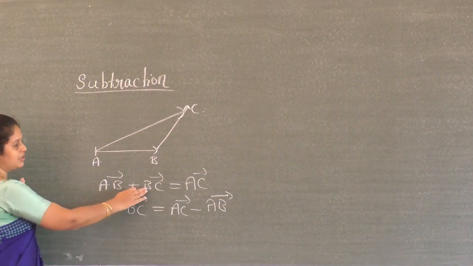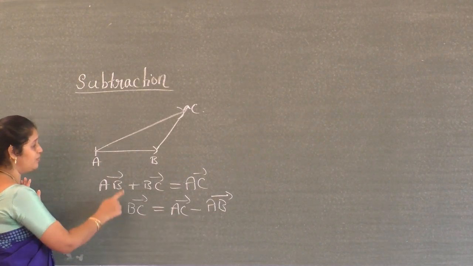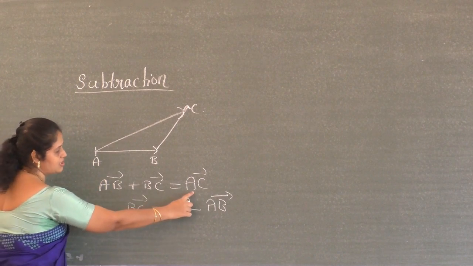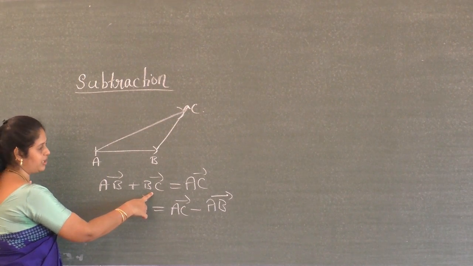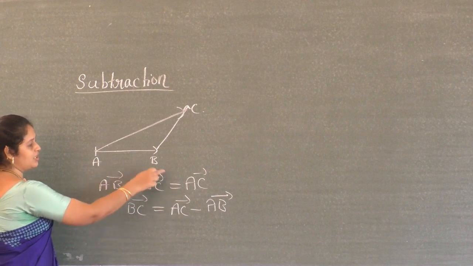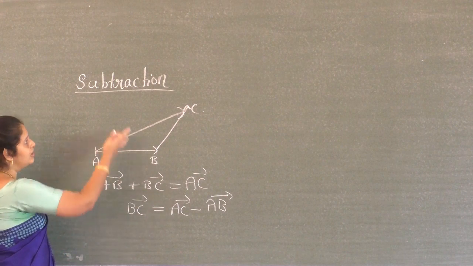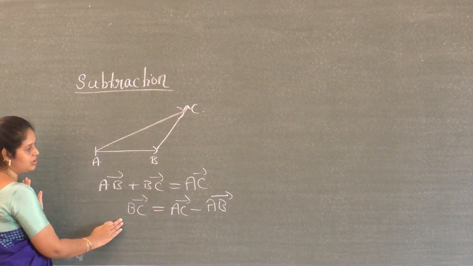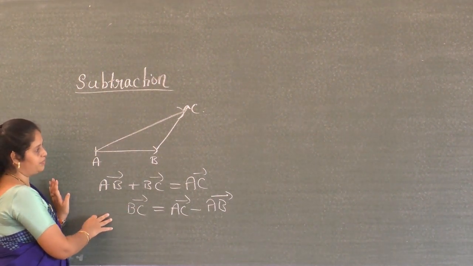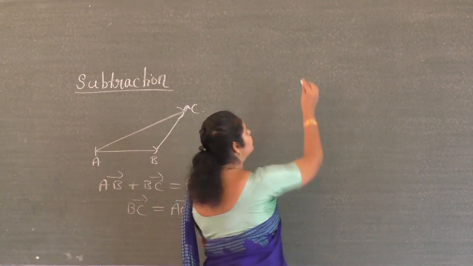Similarly, vector AB can be written as vector AC minus vector BC. So that is subtraction. Subtraction means any vector can be written as a difference of two vectors. That is easy. You can represent any one vector as a difference of other vectors. That is about subtraction. So next, scalar multiplication.